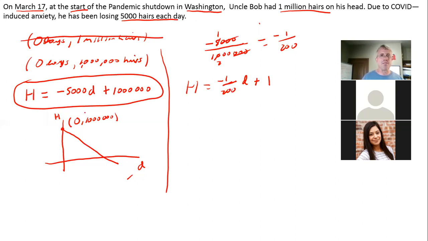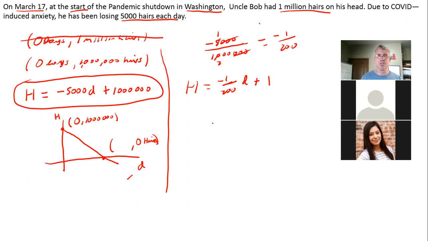So I can see that I've got a domain and range being partially identified by this intercept. When I get to this intercept, it tells me something. What's the output? 0 hairs.